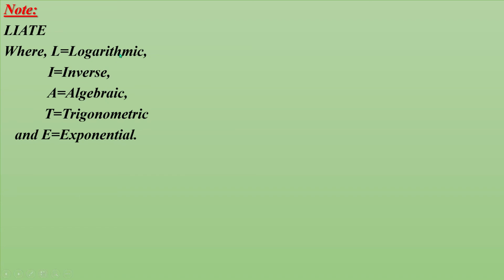Logarithmic will be the first function and the other function will be the second function. Similarly for I, that means for inverse, we take the inverse function first. The inverse function will be u and the other function will be v. Clear? Similarly for the others: algebraic, trigonometric, and exponential.